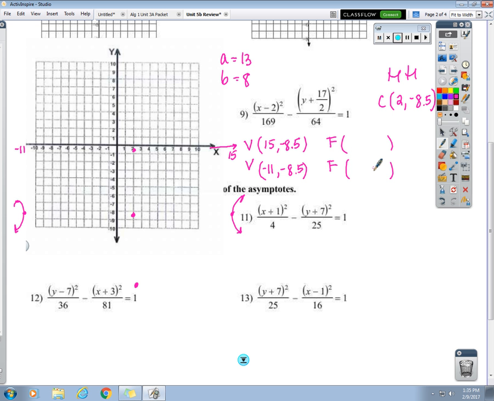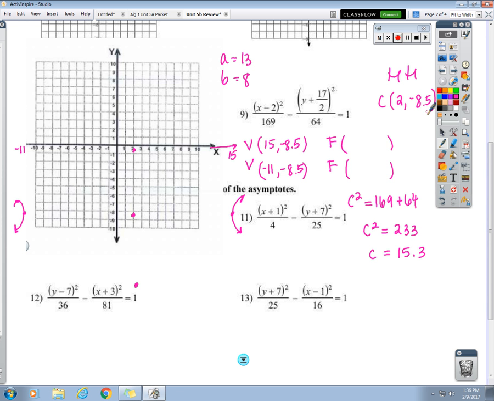Okay, now to do the foci of a hyperbola, it is a squared plus b squared. So c squared equals 169 plus 64. And what does that become? 233. Okay, and what is the square root of 233? 15.3. Which ways will you be going 15.3? Right and left, correct?